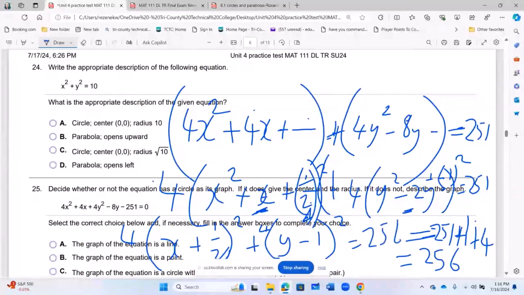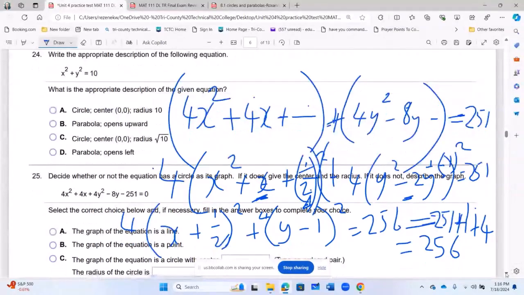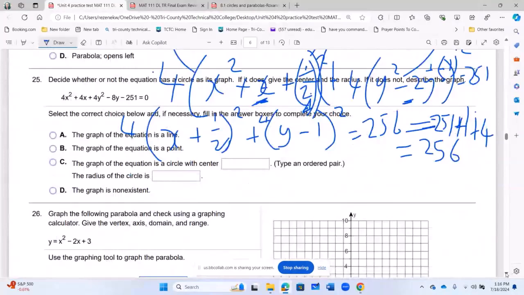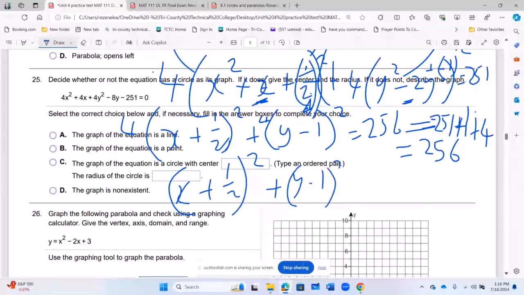I think the 4 can divide everything, so let's divide all sides by 4 and see if it makes our world easier. So we have x plus 1/2 squared plus y minus 1 squared equal to 64.